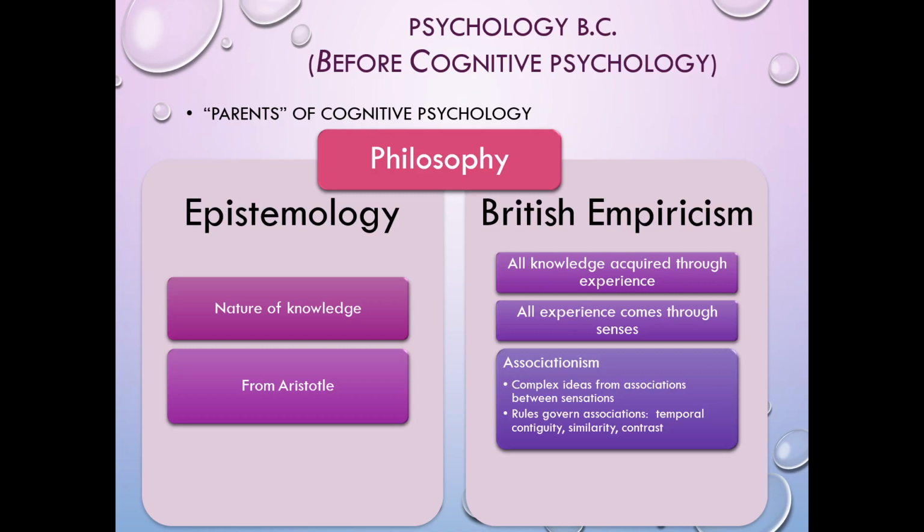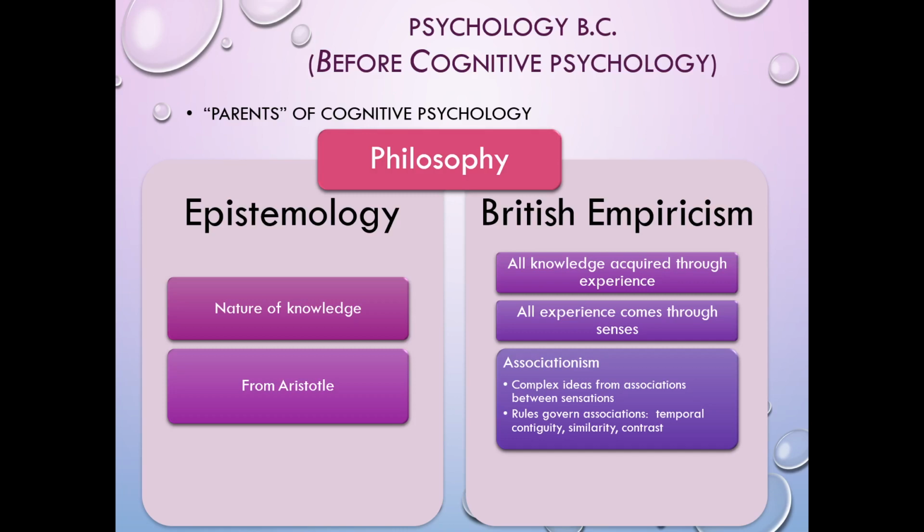Now, I mentioned associationism a second ago. The British empiricists were the ones who coined that term, associationism, and said that the complex ideas that we have in our heads come from associations that we have created in our own minds between the sensations that we have gathered, whether those are things that we've seen or heard.